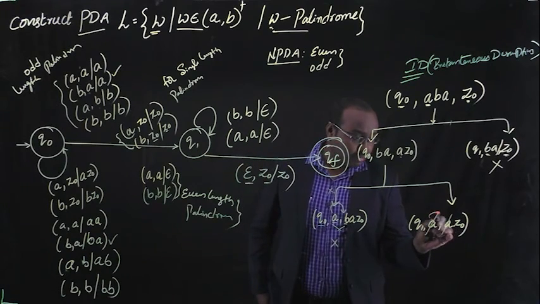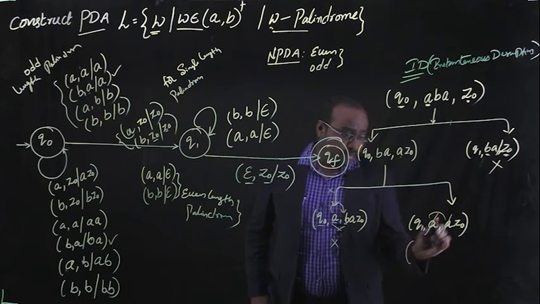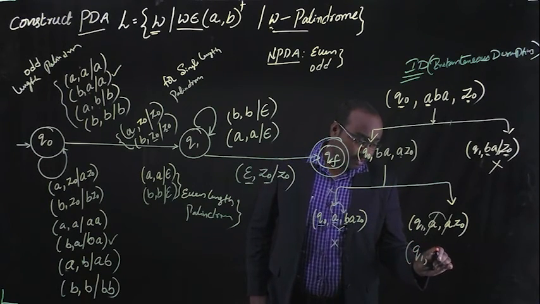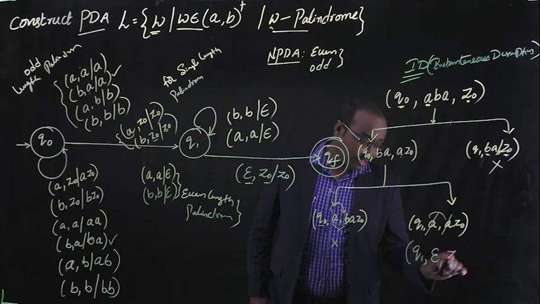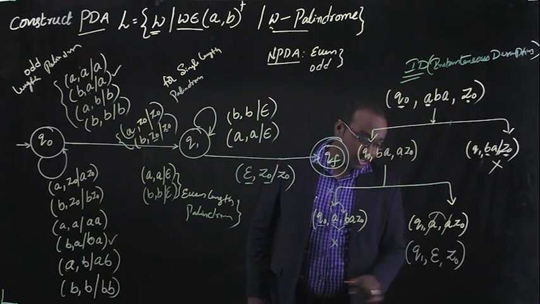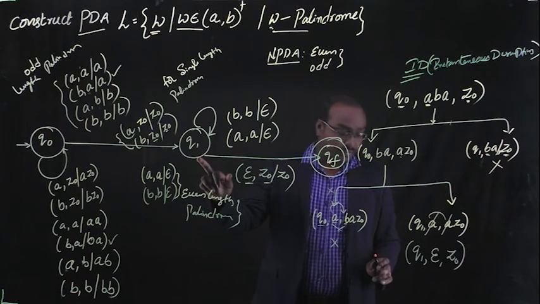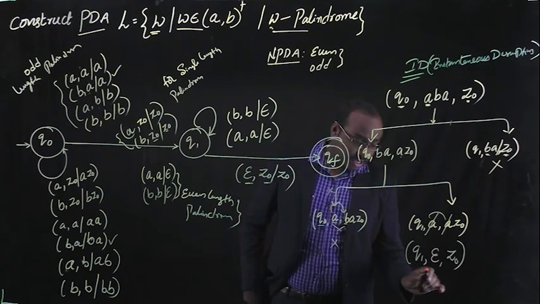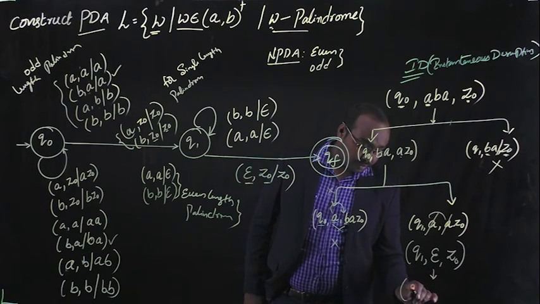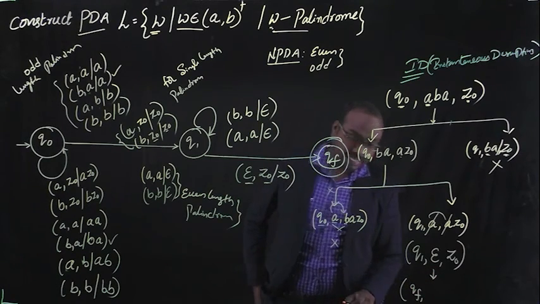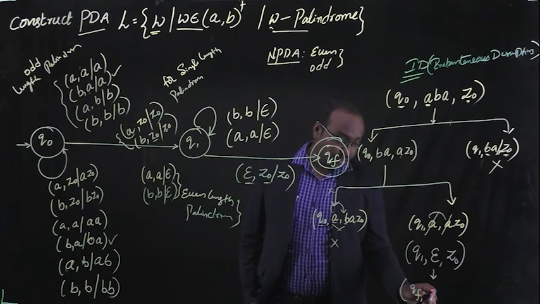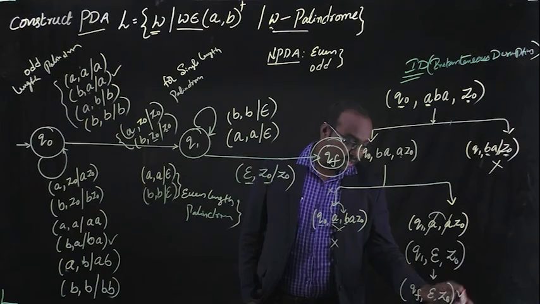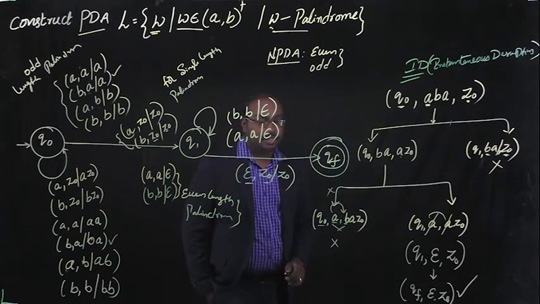These two elements are matched, so we can remove the element. Then in state Q1 the input symbol is epsilon and the top of the stack is Z0. Then I move to the final state, the acceptance state QF, with epsilon and Z0. So then the given string is accepted.